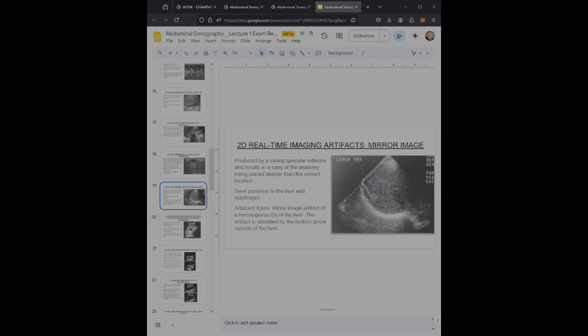And in this image here, you have a mirror image artifact of a hemangioma of the liver. There's the hemangioma, this is liver tissue, and it has been mirrored in the deeper regions.